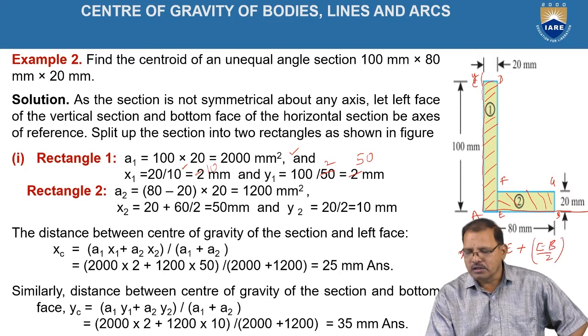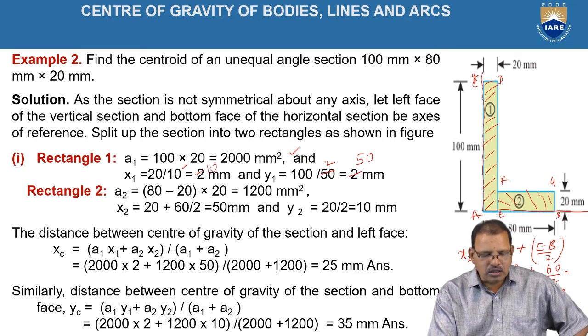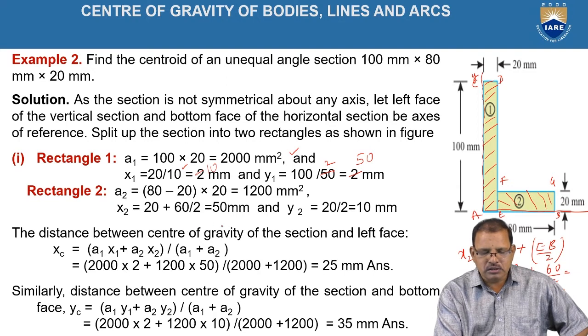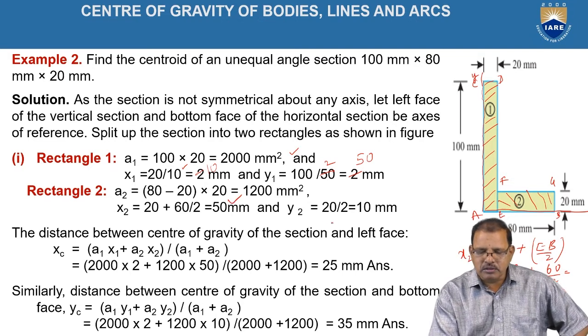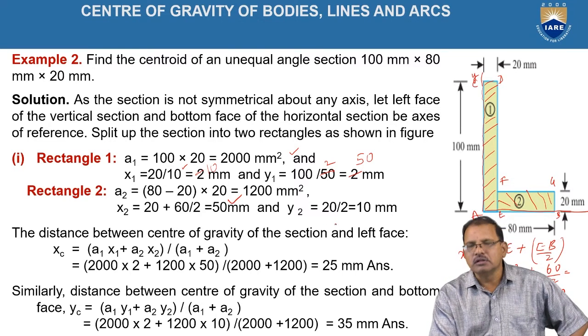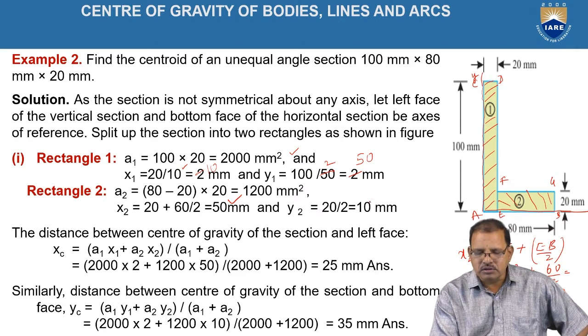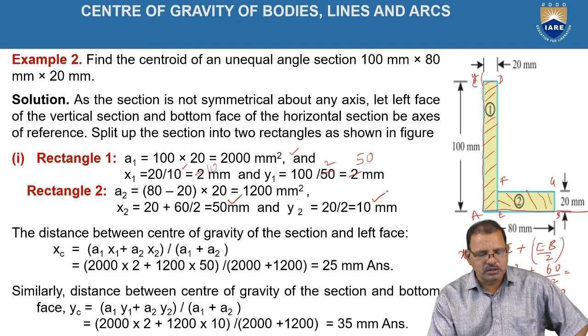That is 20 plus 60 by 2, which is equal to 50 mm. Similarly, y2 is equal to the thickness 20 mm divided by 2, which is equal to 10 mm.